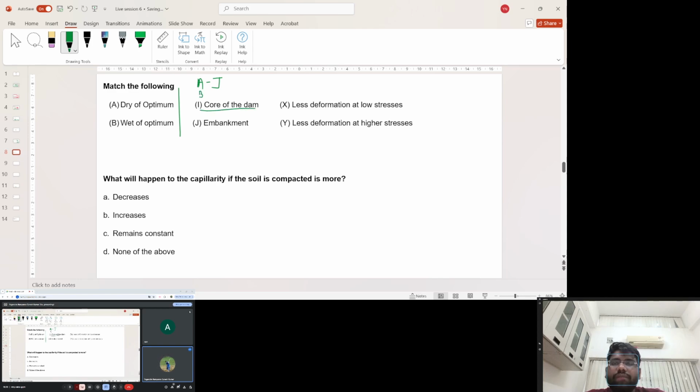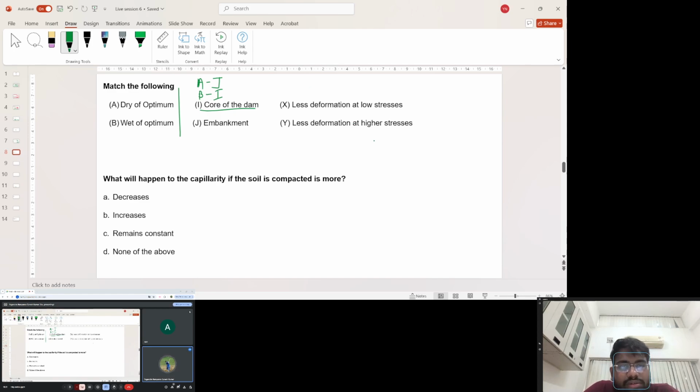So B will be I. This is fairly straightforward. Now coming to the deformation behavior, we need to understand how dry of optimum and wet of optimum behave at low stresses and higher stresses.